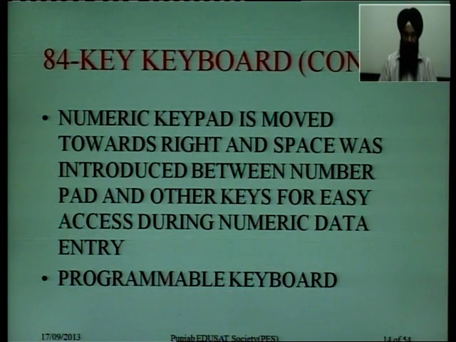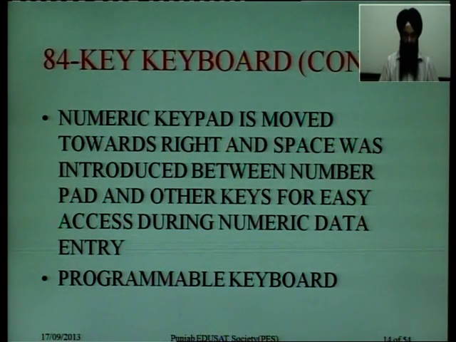When we have to enter numeric data in the form of numbers, we can very easily do so on this type of keyboard, because nowadays also, when we see any keyboard, the numeric keys are on the right side, and these keyboards also have a number row on top of the other alphabets. But when the numeric keys are shifted toward the right, it becomes very easy to enter numeric data, and the space separates them from other keys for easy access during data entry.